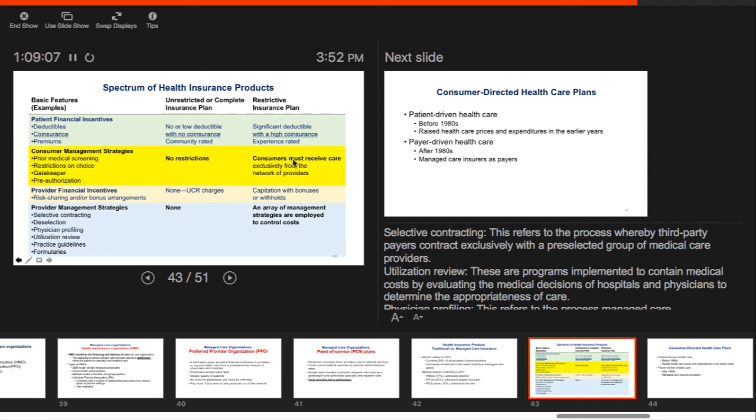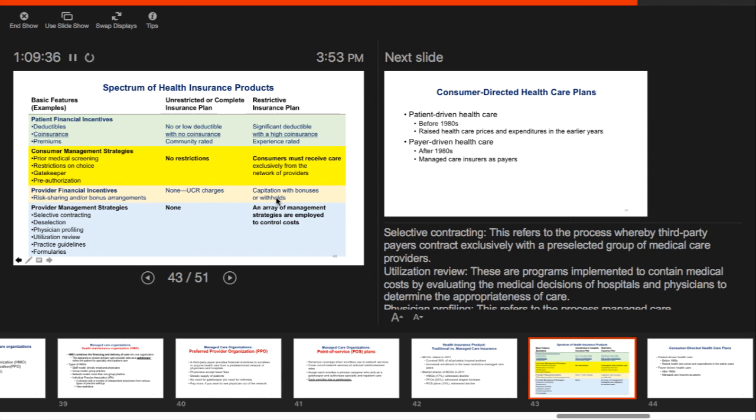But after the 1980s, physician providers are mostly reimbursed based on capitation, meaning the number of patients they are treating, with bonus or withhold, not fee for service.